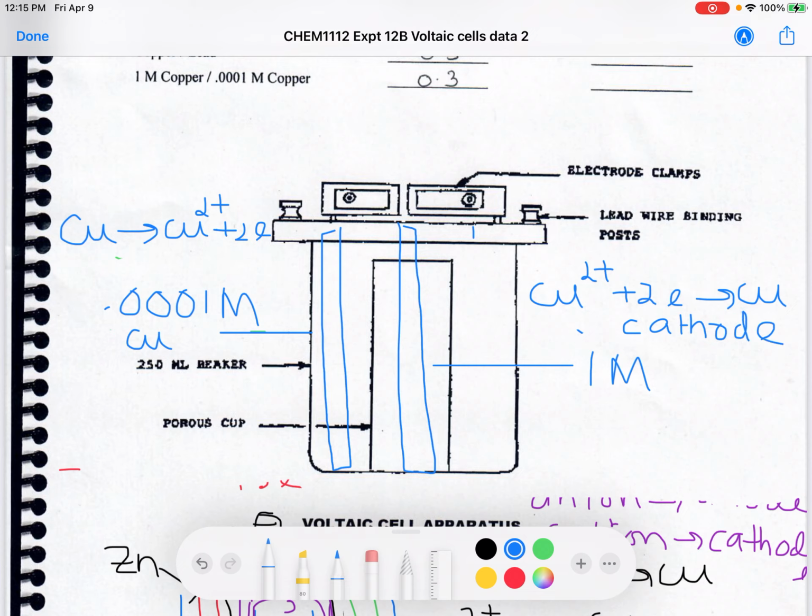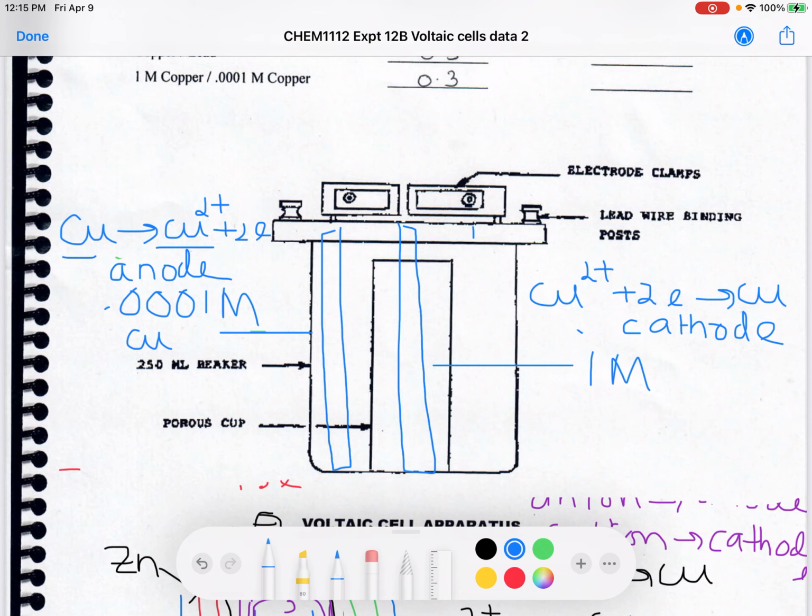And this is going to be your anode. So what is happening on the anode side? It is releasing copper to the solution. You see copper metal becoming copper 2+. So having a lower concentration where the oxidation happens is quite okay, because you are releasing copper ions to the solution.